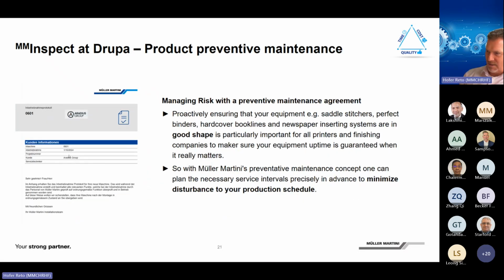The second aspect where we also use the inspection tool is the preventive maintenance agreement. Again, the main focus here is on the maintenance of the machine. So we're talking about replacing consumables. We're looking at wear and tear parts. We're looking at greasing of certain aspects. Again, it's about minimizing disturbance to your production schedule or to the customer's production schedule if we come in and help you with the maintenance of that machine.